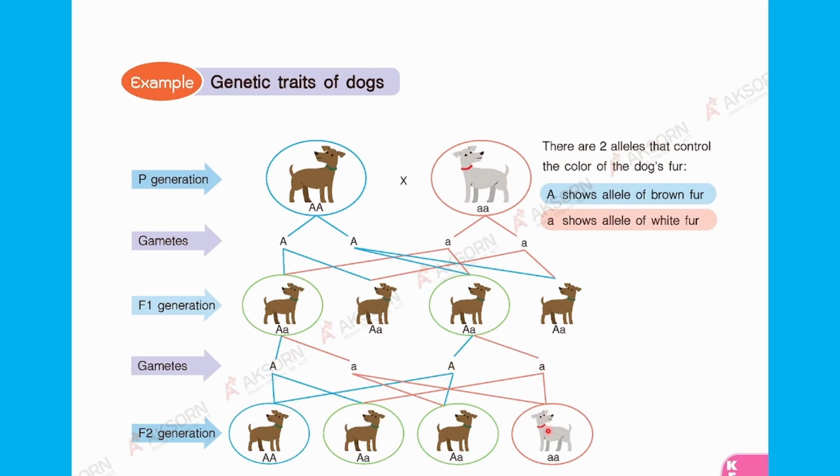This one goes to here. This one goes to here. So not this one, this one. This one goes to here. So you can see how they all mix as they go through the generations.